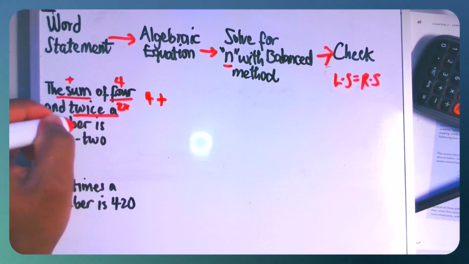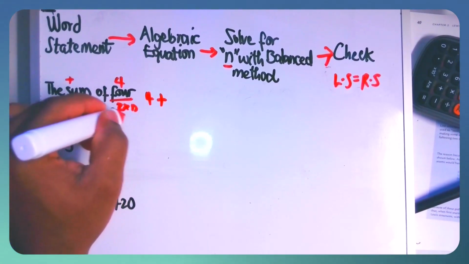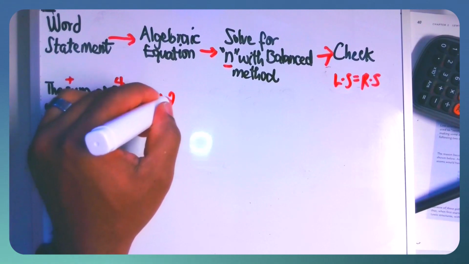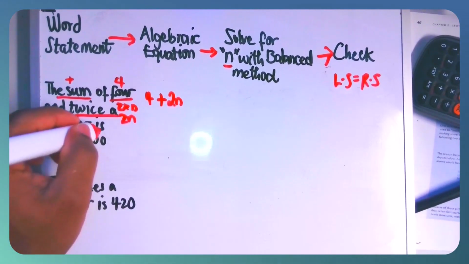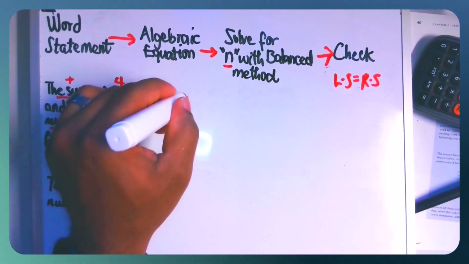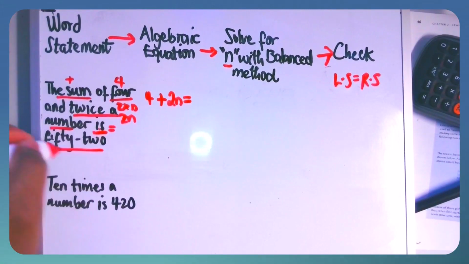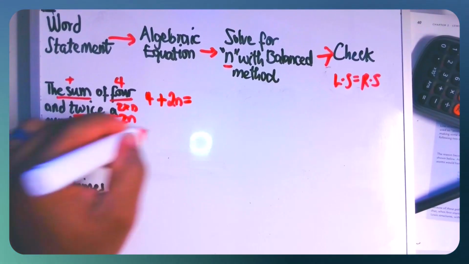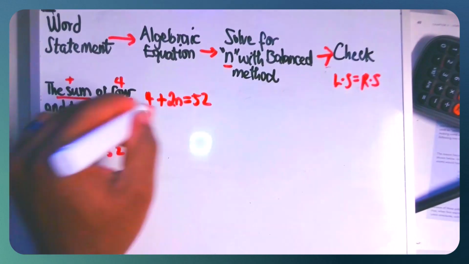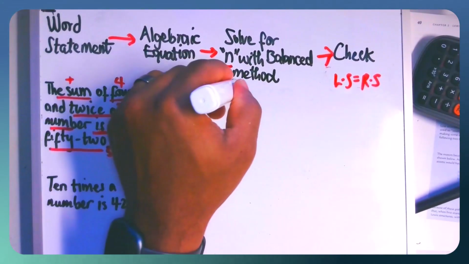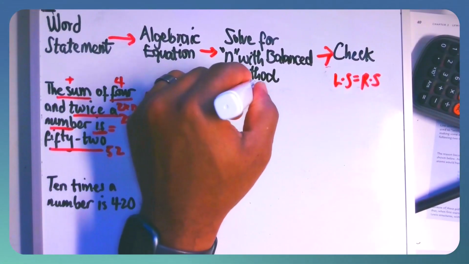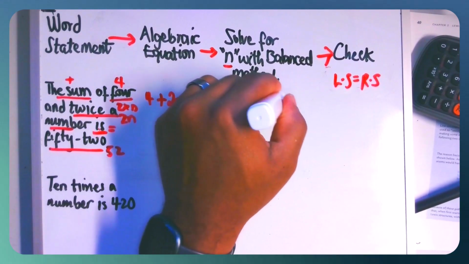A number is represented as the variable n, which is the same thing as 2n. Therefore we write 2n, and then finally "is" means that it is equal to, and we have 52, which is the result here. So once we have this, we're going to rewrite it over here, which means that we have 4 plus 2n is equal to 52.